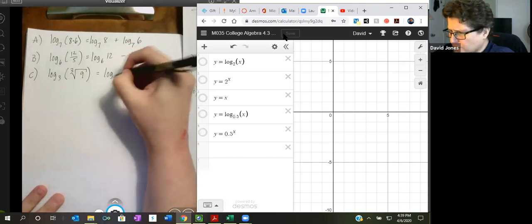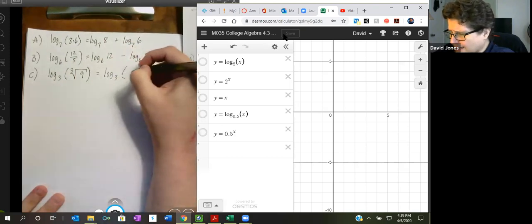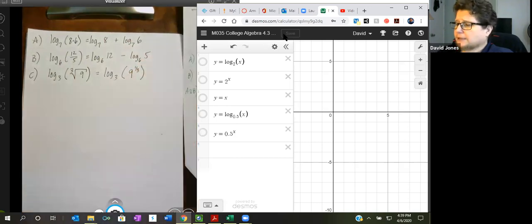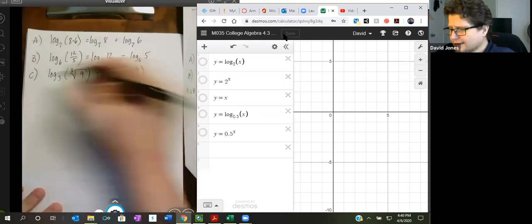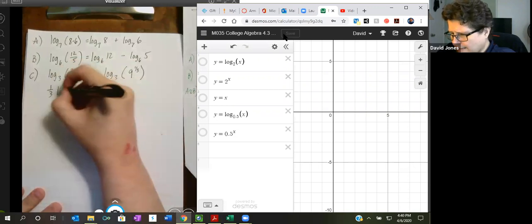What we're going to do is rewrite the cube root of 9 as 9 to the 1/3. And if that's what you needed, I'll pause again and let you work from there. Okay. The exponent on the inside can be pulled outside.